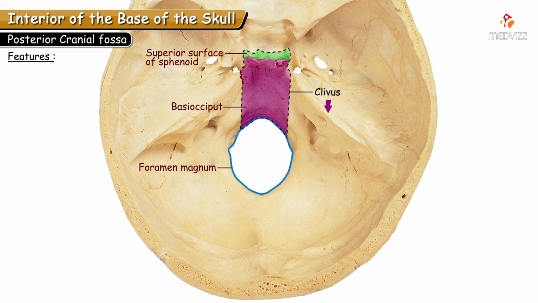This clivus supports the lower part of the brainstem, pons and medulla, and it is also related to the basilar plexus of veins and the basilar artery, which is located in the basilar groove of the ventral surface of the pons.